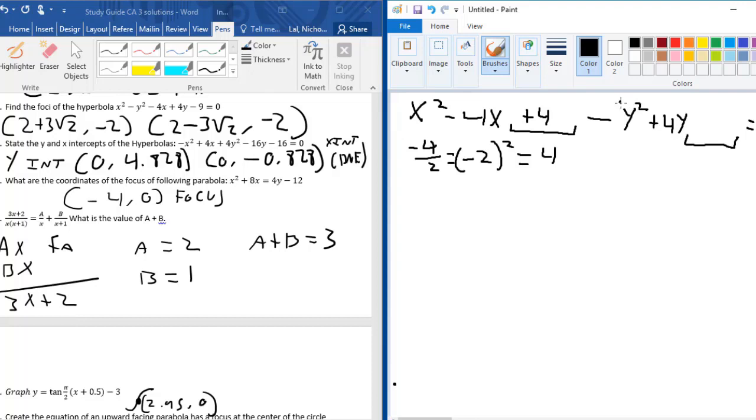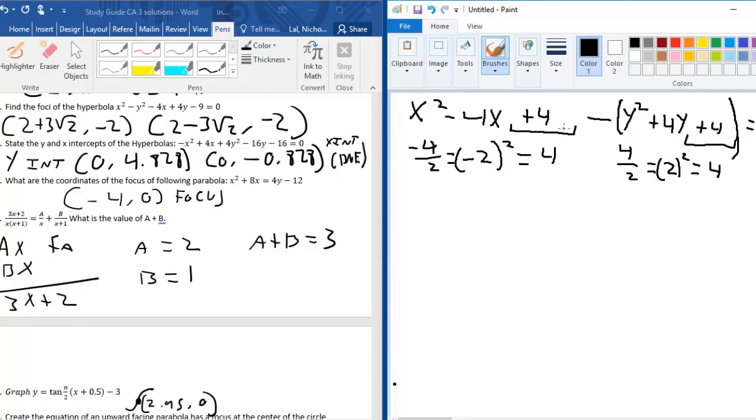Now for the y term, I group my y terms in parentheses, and I take my 4, divide it by 2, that's equal to 2, and then I square it, and that's equal to 4, and I add 4 to each side.